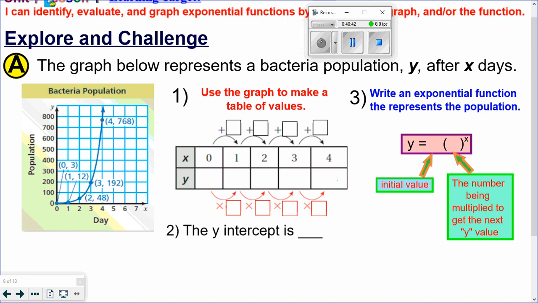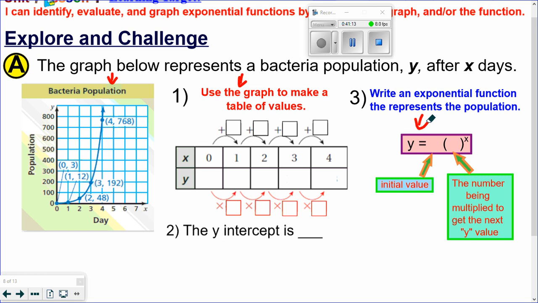So this graph below represents a bacteria population Y after X days. Basically you're just taking the table and filling in the values for the X, and figuring out what's happening with Y. And obviously this is an exponential graph. This table matches that graph, and it's going to match this exponential function equation.